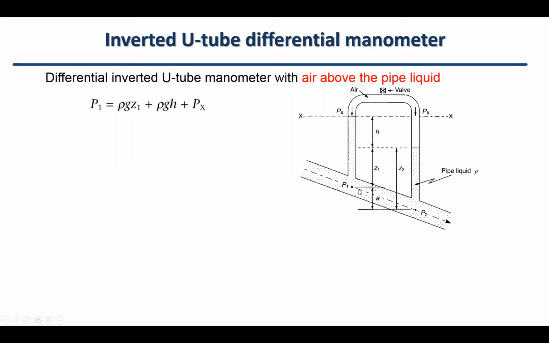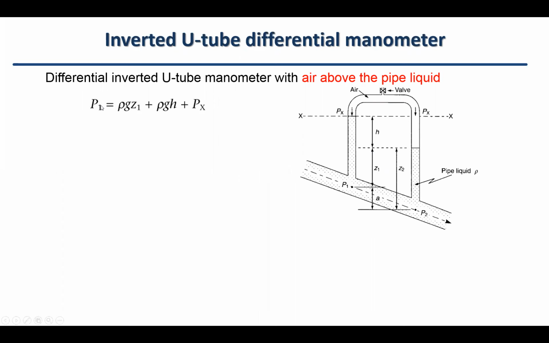On the left hand side we have the total depth, but the difference between the left and right is equal to h, and we assume that Z1 is the difference between the point P1 and the lower surface of separation. So we write Z1 and h.